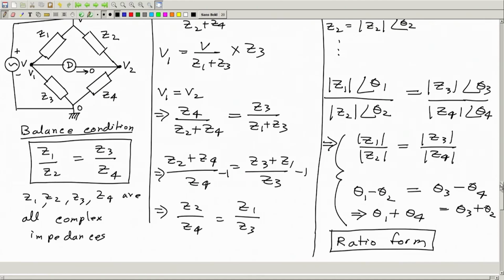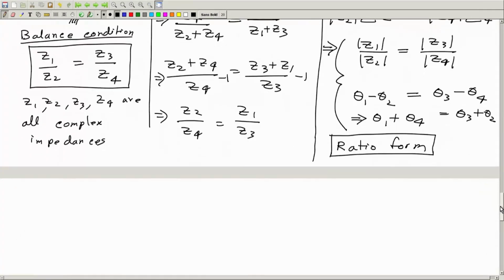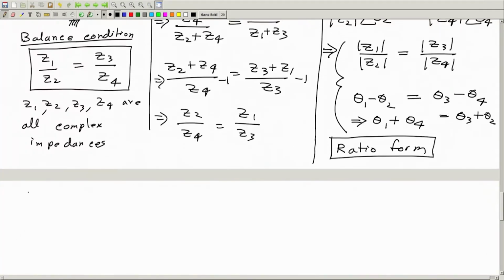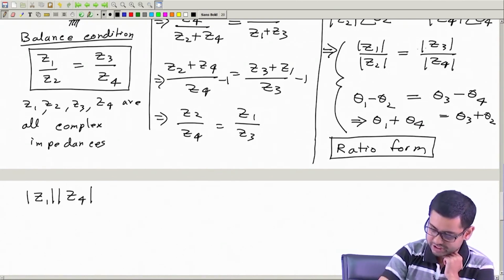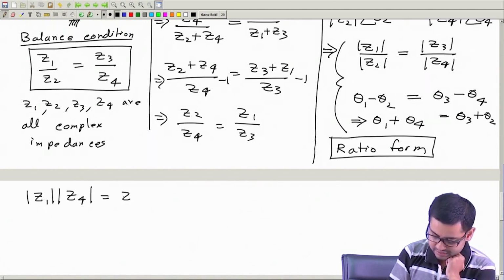We can also write the same balance equation by taking the product: Z1 Z4 should be the same as Z2 Z3.